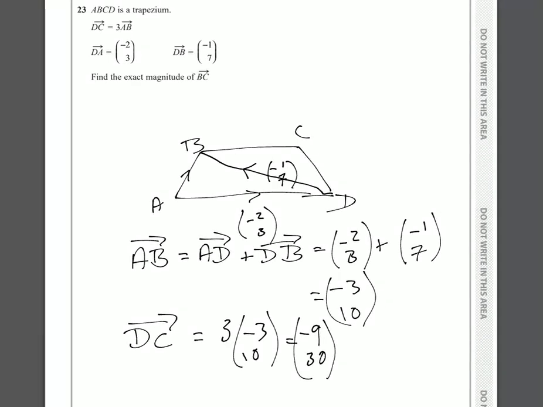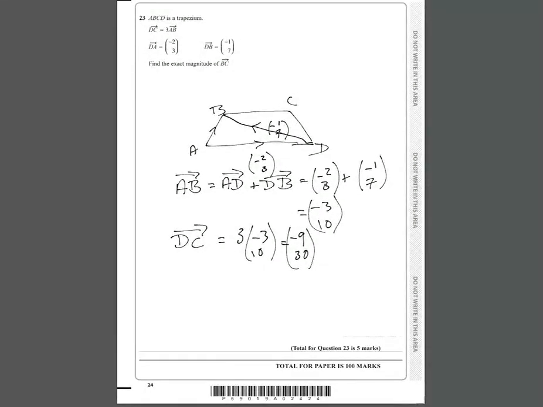Then it wants us to find the magnitude of B to C. So B to C we need to go minus 1, 7 plus D to C, minus 9, 30, which is minus 7, 23.